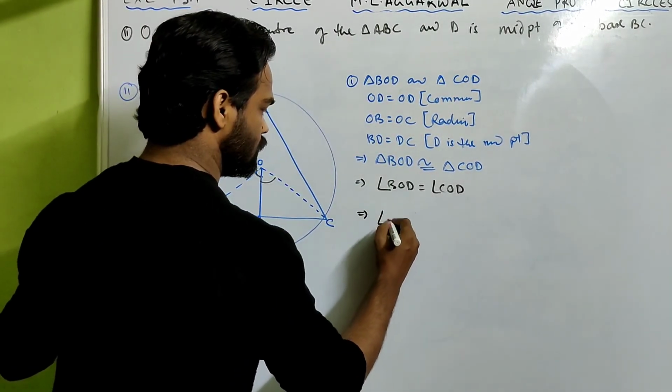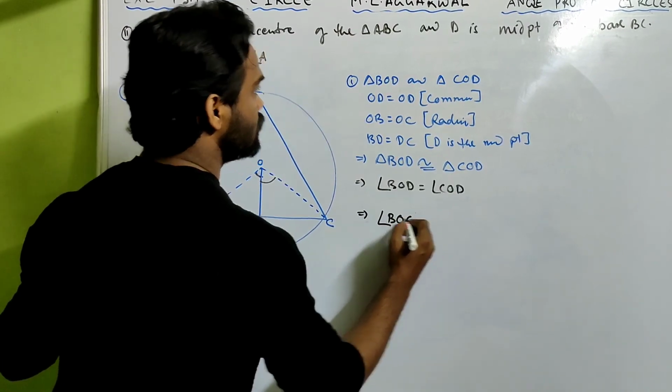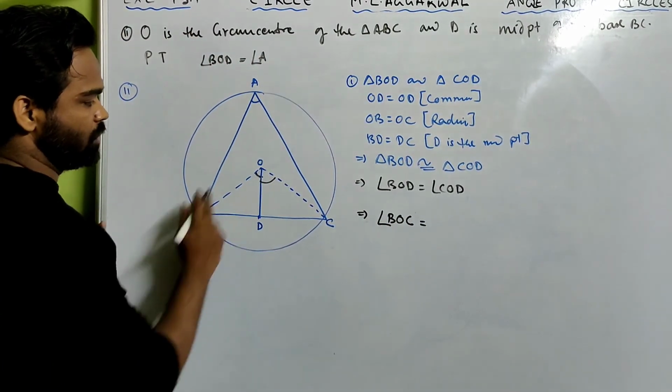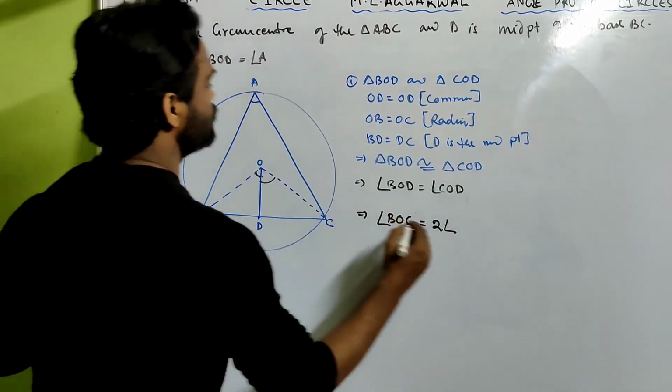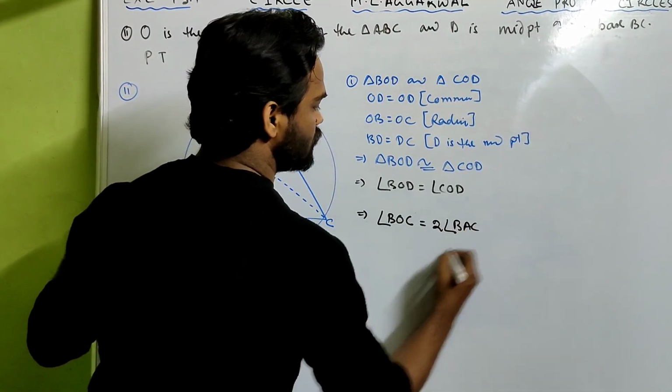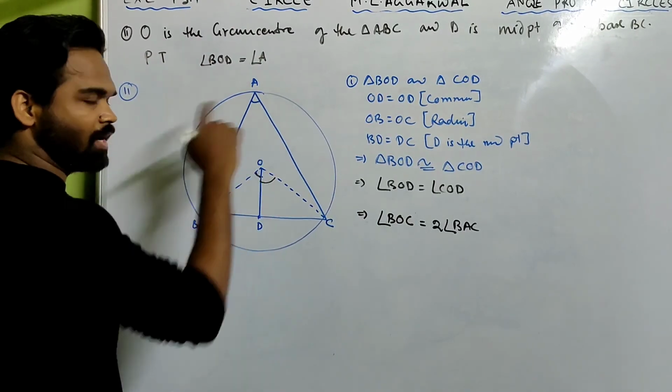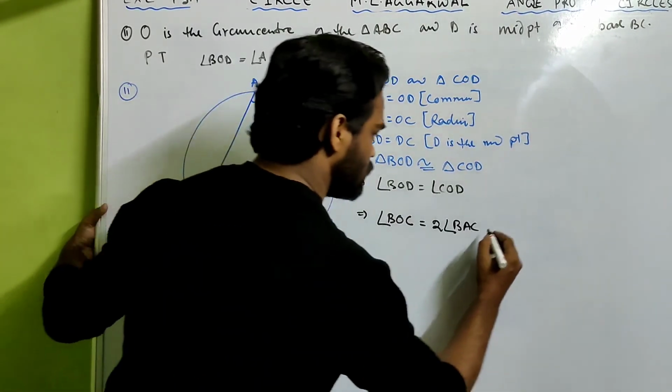Now look carefully. Angle BOC will be twice angle BAC. Angle at the center is twice the angle at circumference.